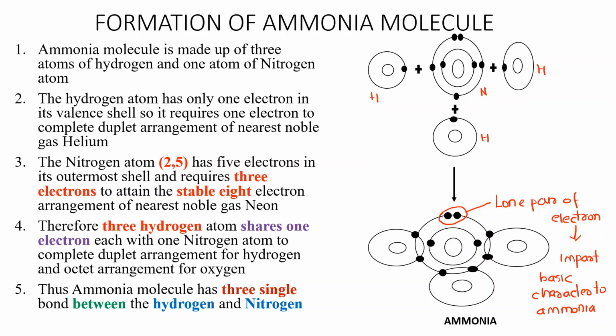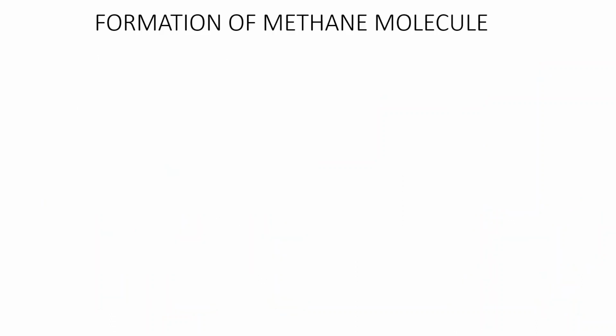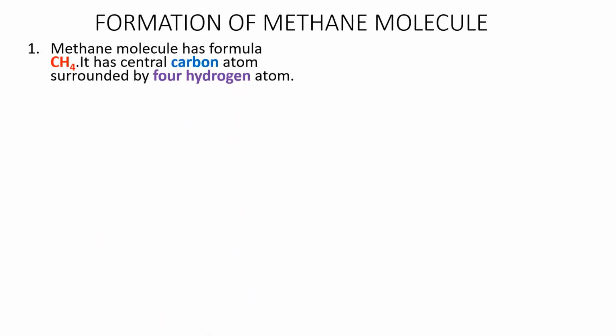Now, the formation of methane molecule. As we know, methane is also known as marsh gas. It's a major component of CNG, that is compressed natural gas. A major proportion of natural gas is methane. Now, methane has a central carbon atom, surrounded by 4 hydrogen atoms.